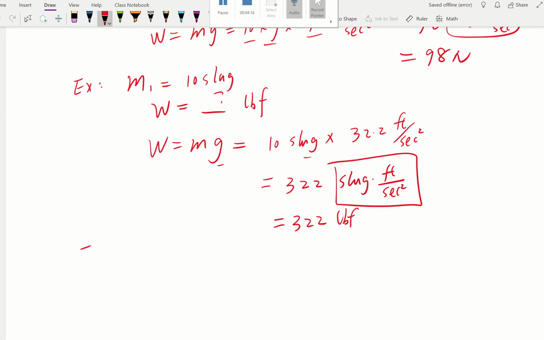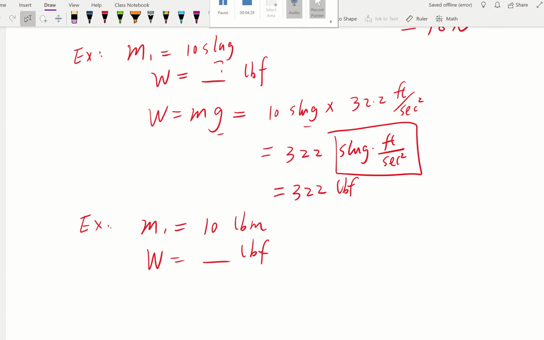All right, now let's look at another example. Here, mass is no longer 10 slug, it's 10 pound mass, because that's different. What do you think the weight is going to be in pound force? Well, if you said, I don't need to solve this problem, I already know the answer, then you're on the right track. The answer is 10.